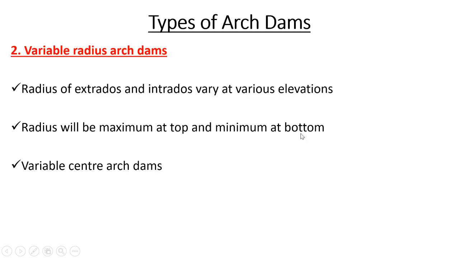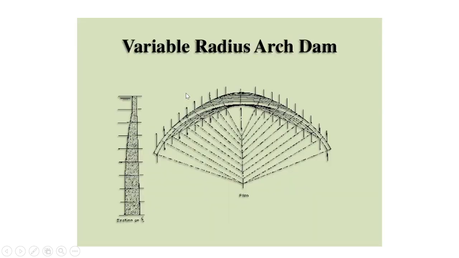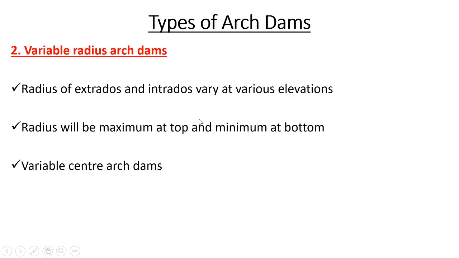Again, let's see the definition. For a variable radius arch dam, the radius of extrados and intrados, meaning the radius to both the upstream and downstream face of the arch dam, is varying. That is why it is called a variable radius arch dam.